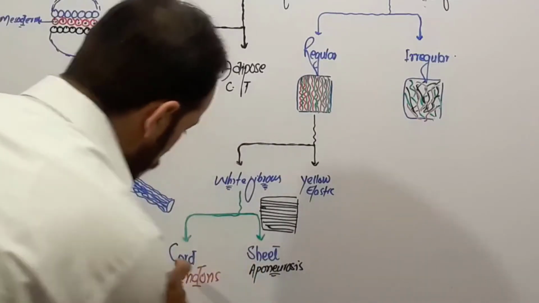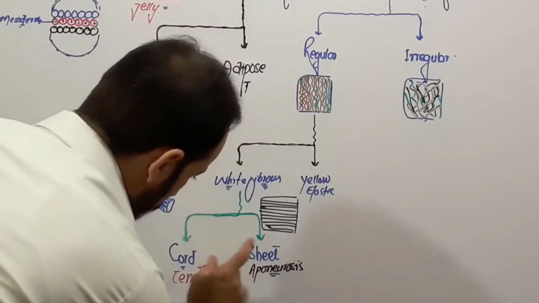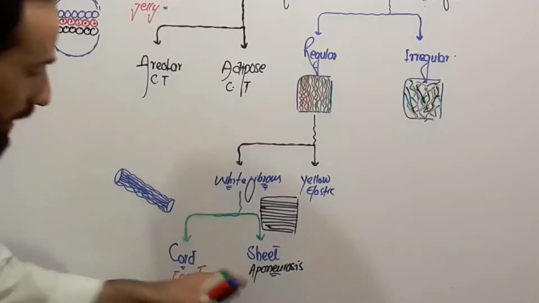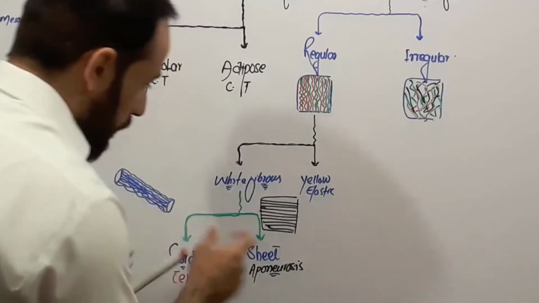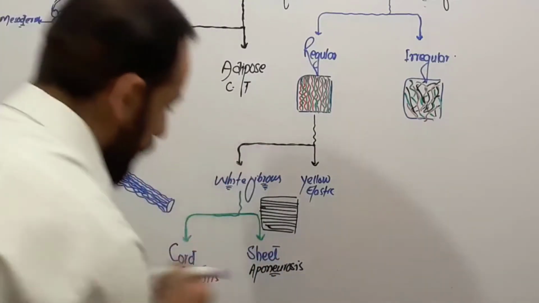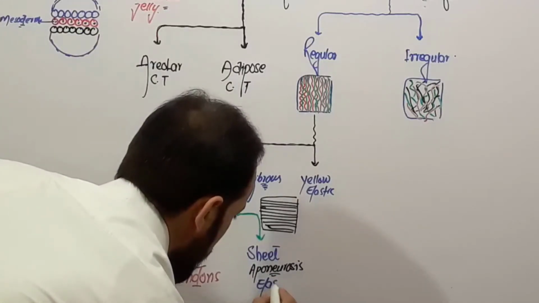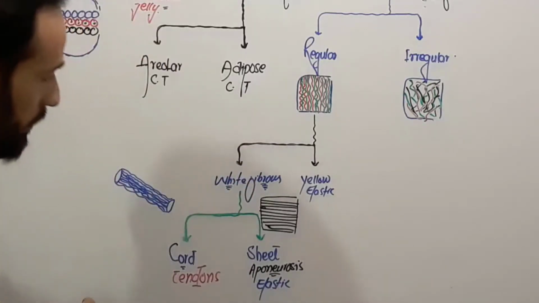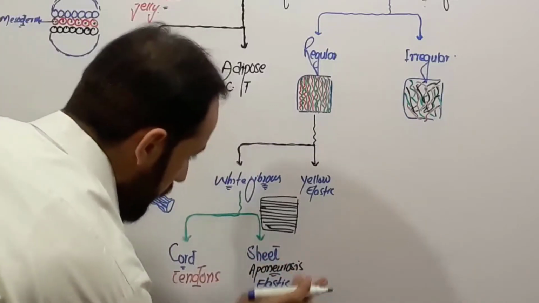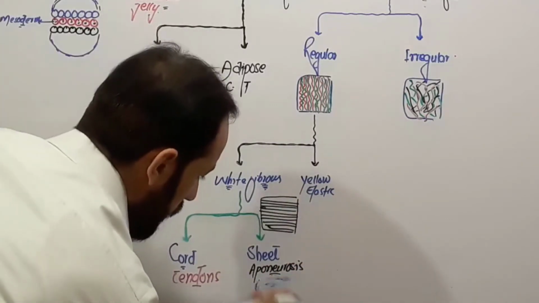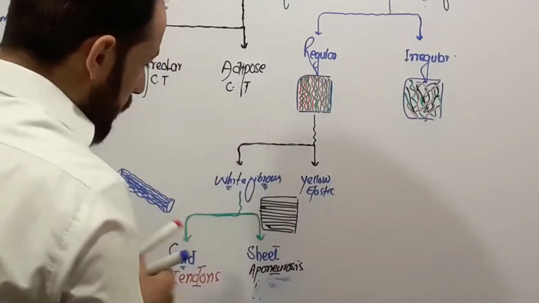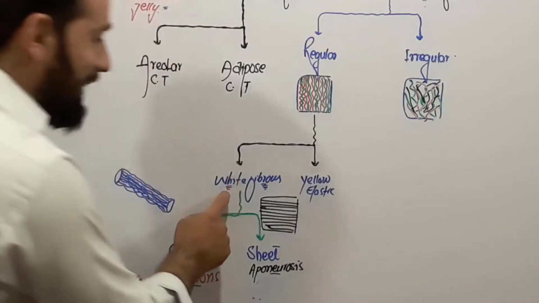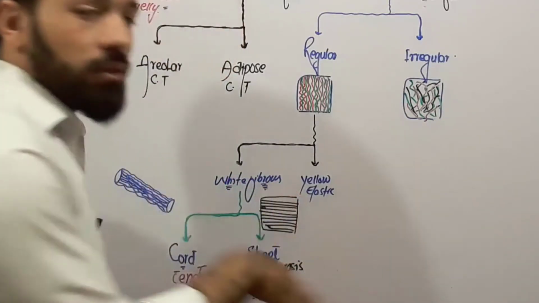These cord and sheets are also called the collagenous and elastic. So these sheet type of white fibrous tissues are a little bit elastic in nature. These white fibrous are called the collagenous and the yellow elastic are called the elastic.